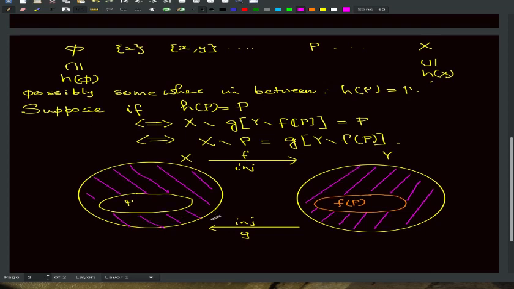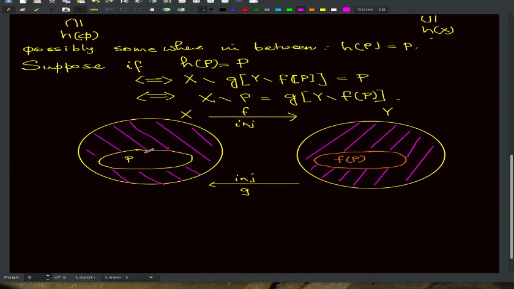Why are we done? Because if I take an x from p, so how will I define? In this case I am done. I can now produce the bijection. How? If I take an x from p, I will take it to fx if x is in p.